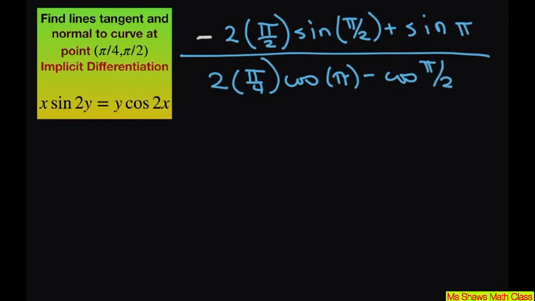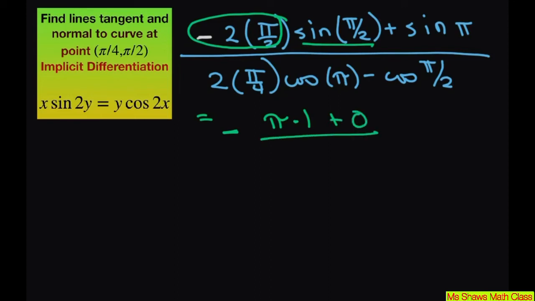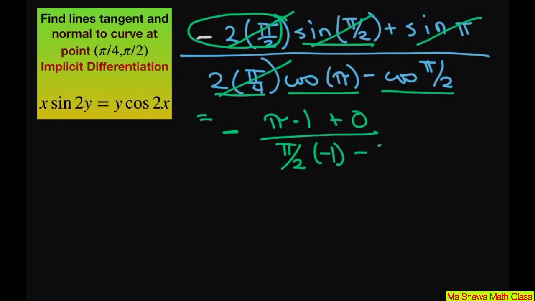So let's figure this out. This is going to be pi. I'm going to keep the negative out here. Pi, this is 1, and sine of pi is 0. Now this one is going to be pi divided by 2, times negative 1, minus 0.